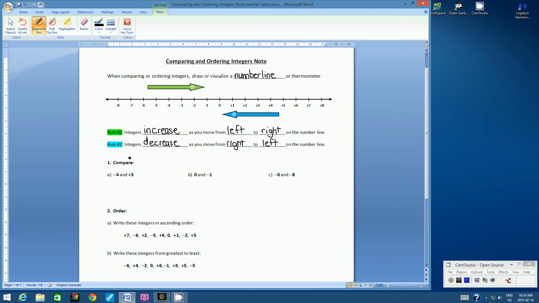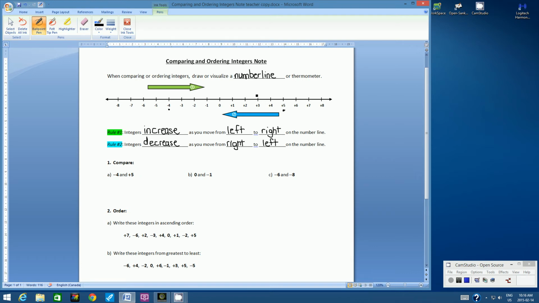So number 1, this type of question just basically says compare these integers. So compare, whenever you're asked to compare, you're asked to see which one is bigger. Are they the same? Are they greater than? Are they less than? So if we look at negative 4 would be here, and positive 5, which would be here.